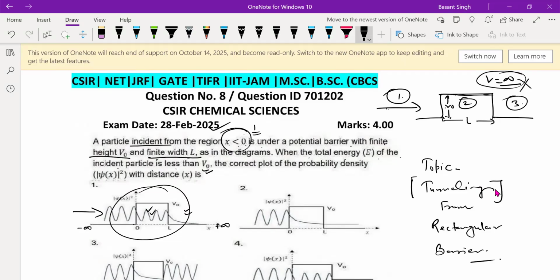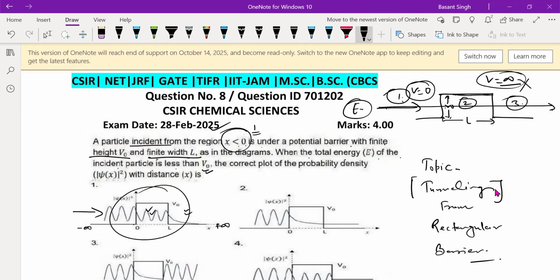In this region the potential is 0, and throughout all regions the energy of the particle is E, because in tunneling the energy of the particle doesn't change. So the energy is E in the first, second, and third regions, but the potentials are different.